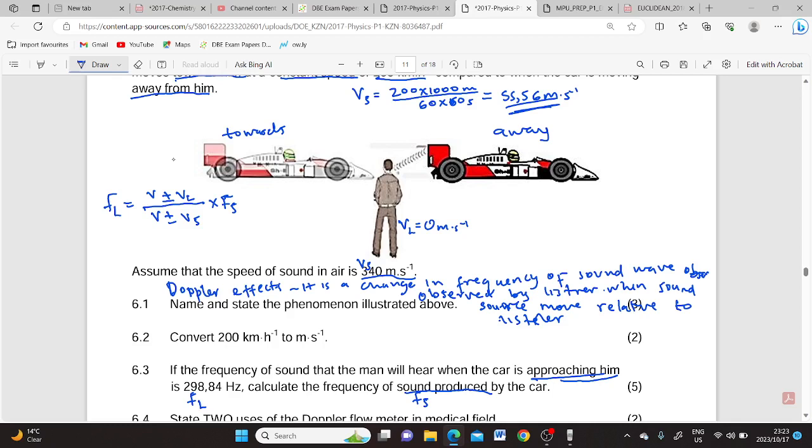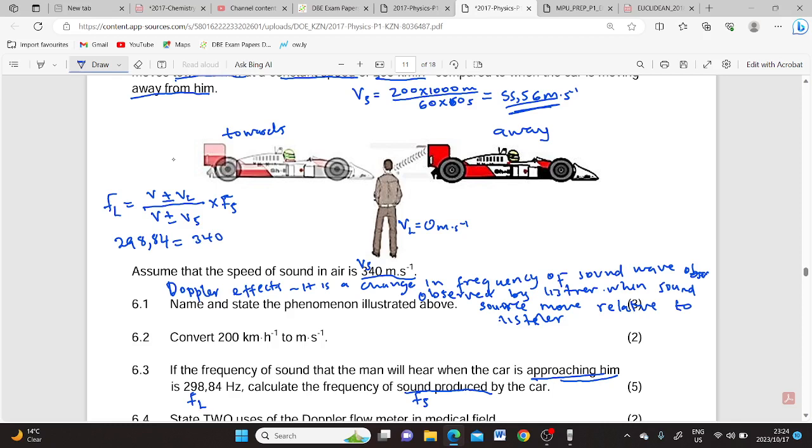So the frequency of the listener is 298,84 equals the speed of the sound, which is 340. Now we don't have anything to write for the listener's velocity.